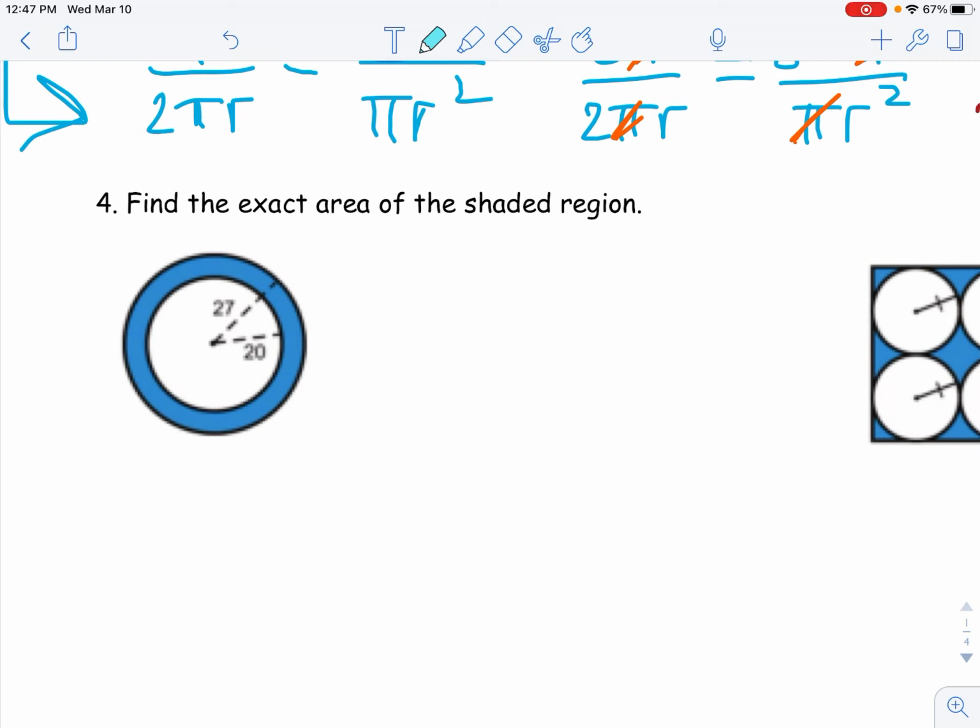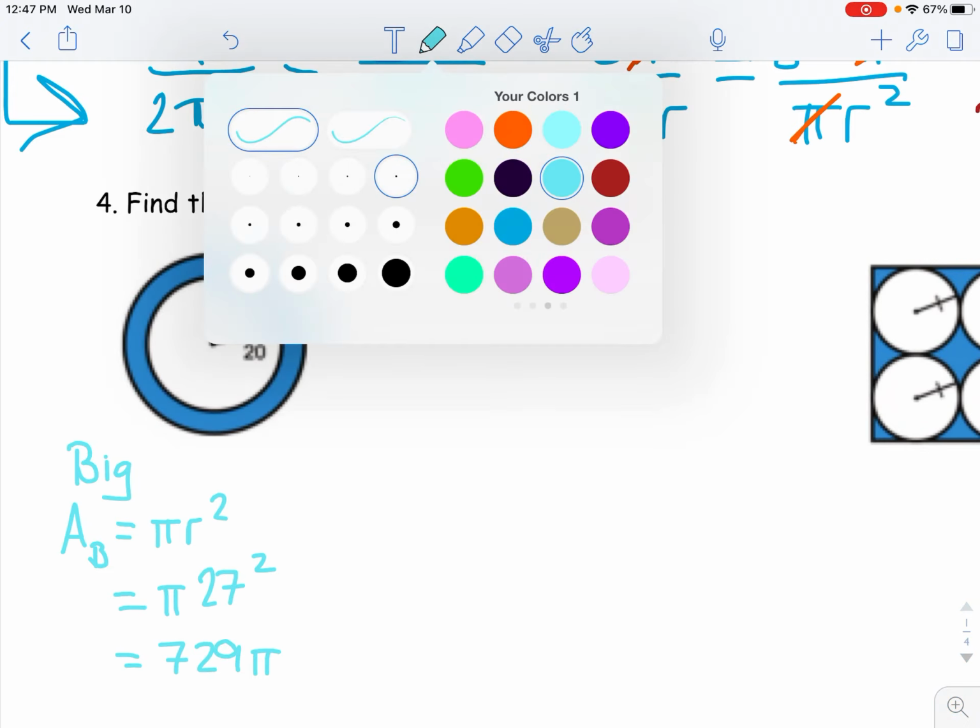Now let's knock out these two problems right here. We're going to find the exact areas of the shaded region. So really, we have the big circle. The area of the big circle, remember, is just pi r squared. So it's going to be pi times 27 squared, which is 729 pi.